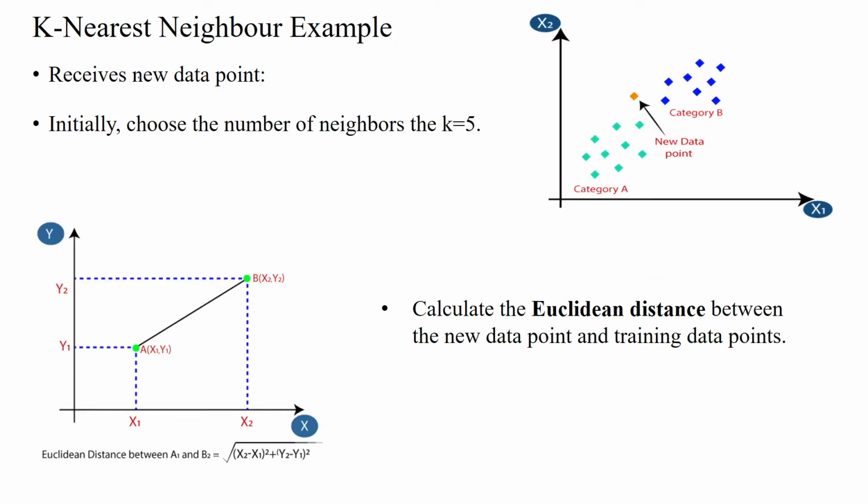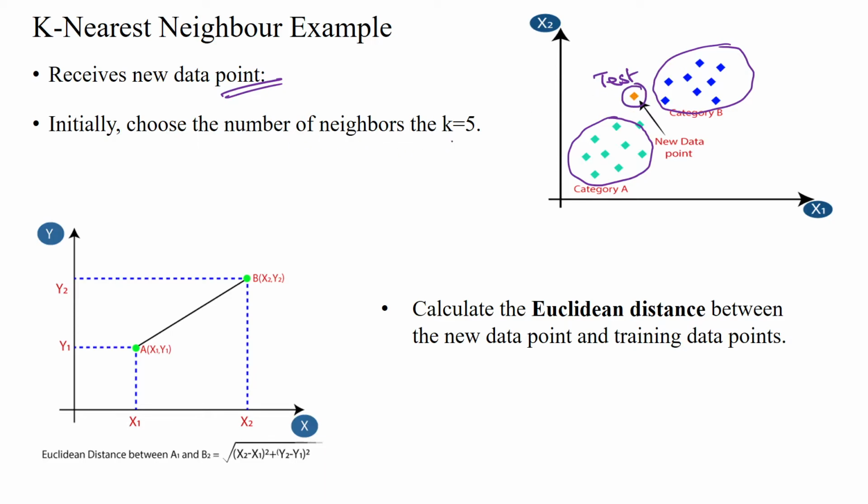For an example, look at this diagram. We have training samples belonging to two categories, category A and category B. Then we receive the test data point, shown here.